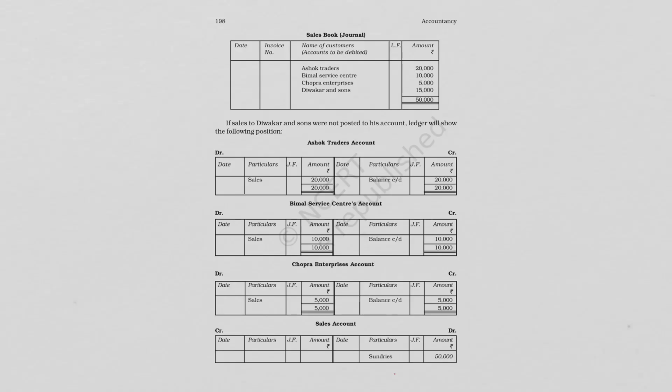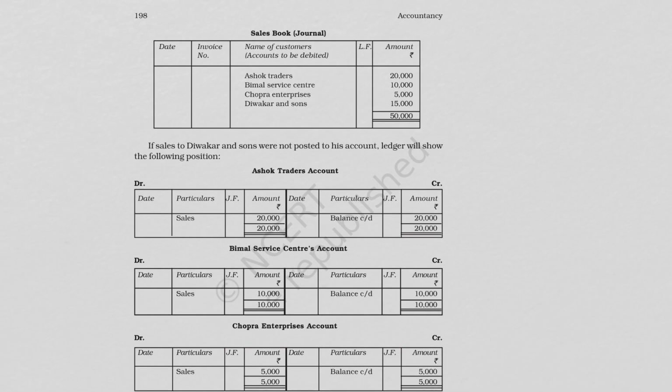Now let us look at the example which has been given in the book. The sales book here shows the following credit sales: Ashok Traders rupees 20,000, Bimal Service Center 10,000, Chopra Enterprises 5,000, Divakar Sons 15,000. So the total sales is 50,000.